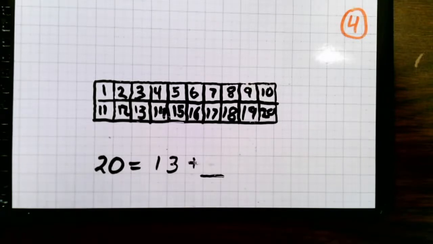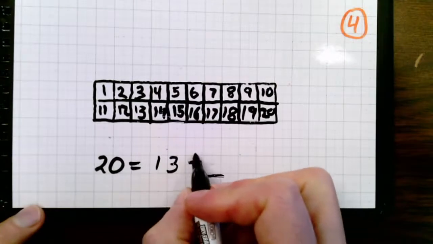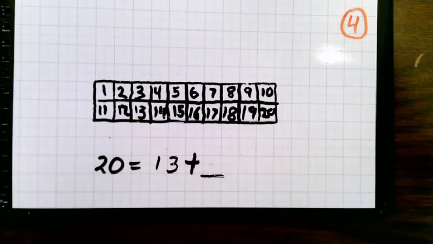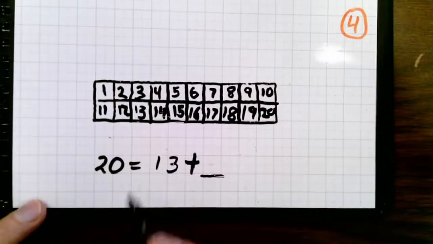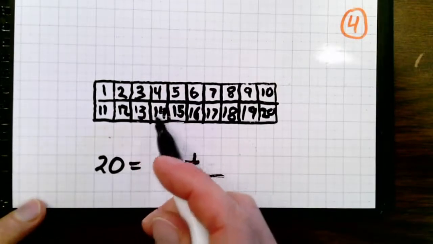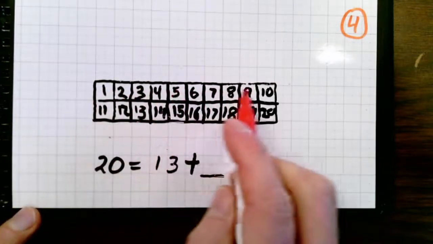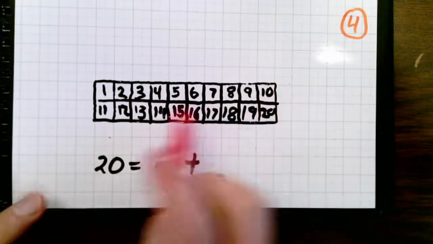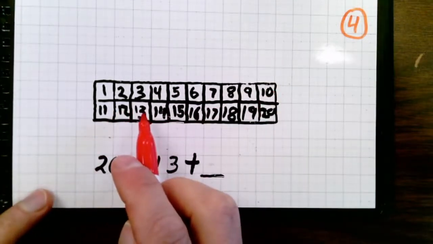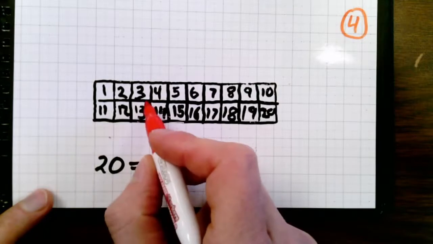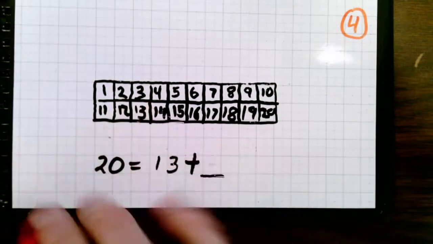How many are we going to have to add to 13 to get 20? I'm not sure how many that is, but if I shaded in all of the ones, so we have 1, 2, 3, 4, 5, 6, 7, 8, 9, 10. They're all numbered for us. 11, 12, 13. So 13 will leave the same.